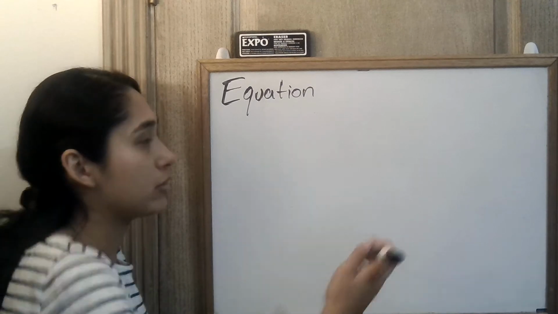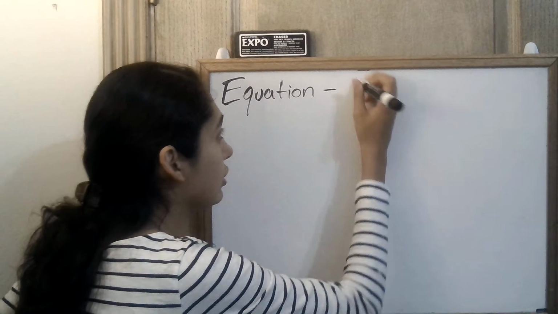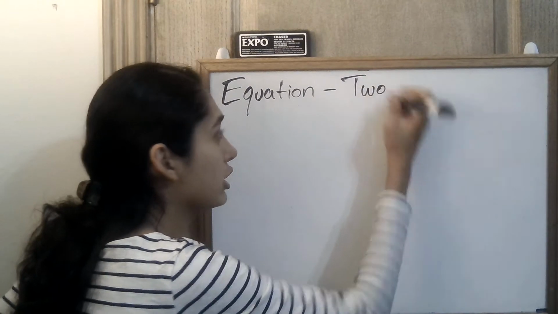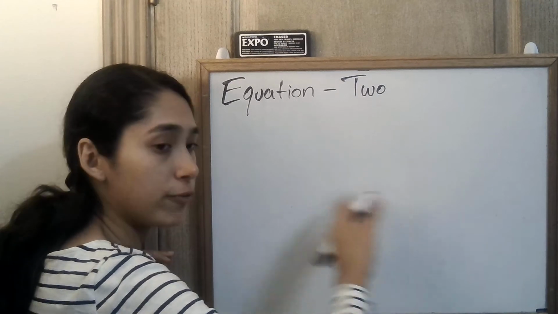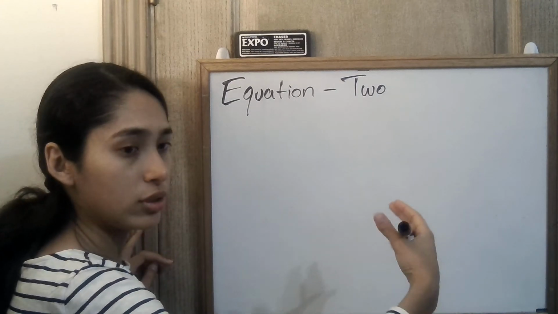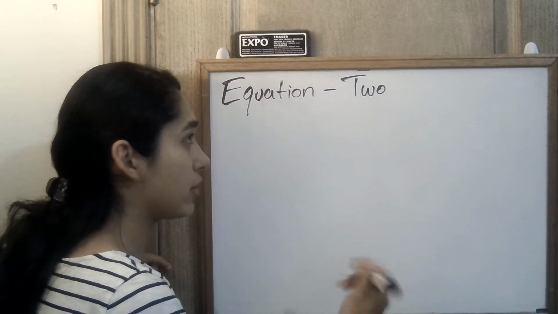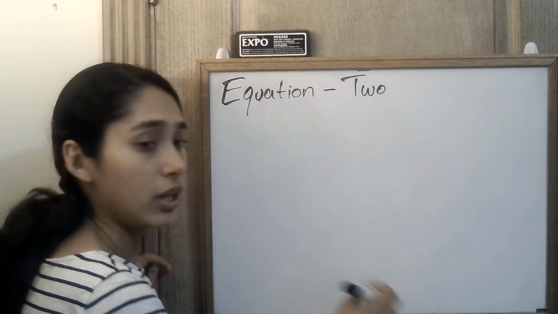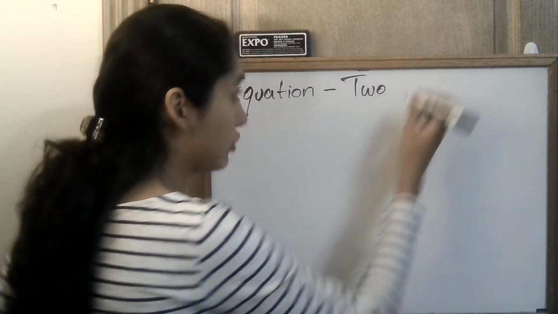It's a mathematical statement, okay? And it means that two expressions, we know what expressions are. Expressions are just a string of different terms put together, and that's an expression. So 7x squared minus 4x plus 4, that would be an expression. Here an equation is two expressions are equal.